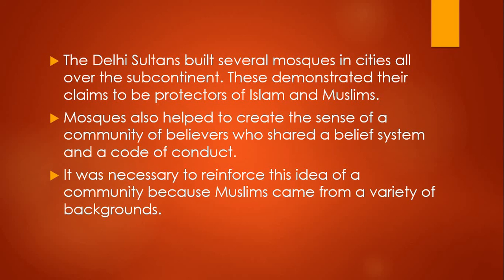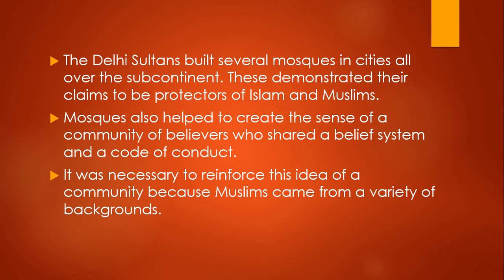The Delhi Sultans built many mosques in the cities all over the subcontinent. Mosques also helped to create a sense of community of believers who shared a belief system and a code of conduct. All the people who were followers of Islam wanted to protect their belief and their code of conduct.